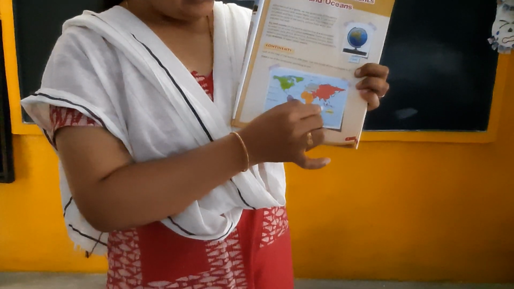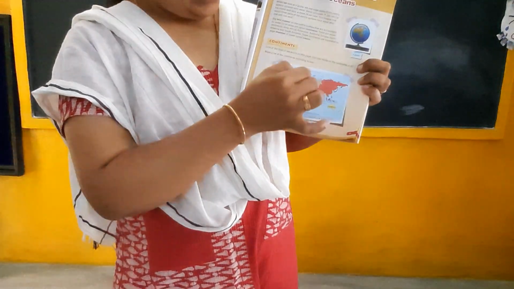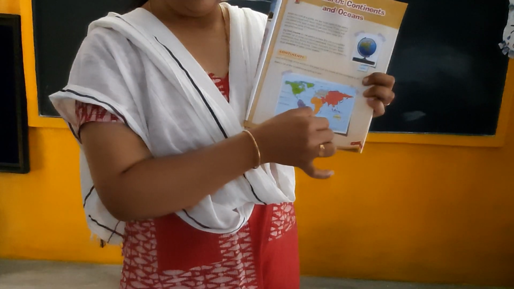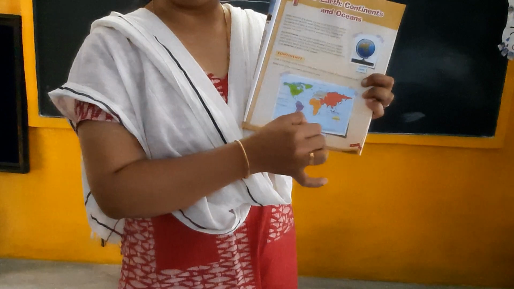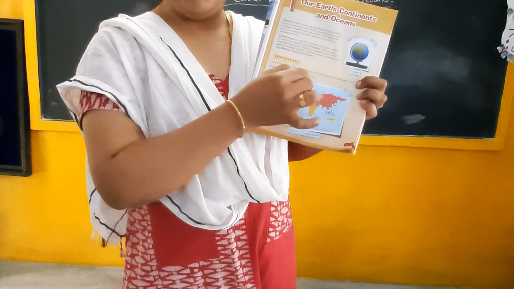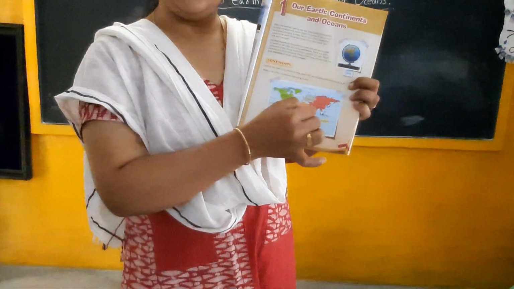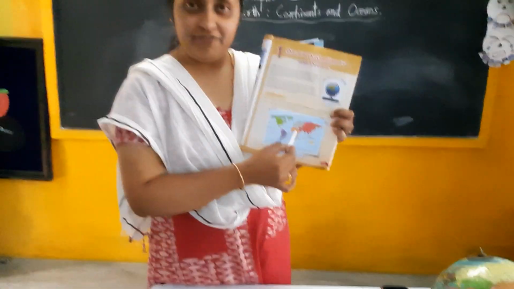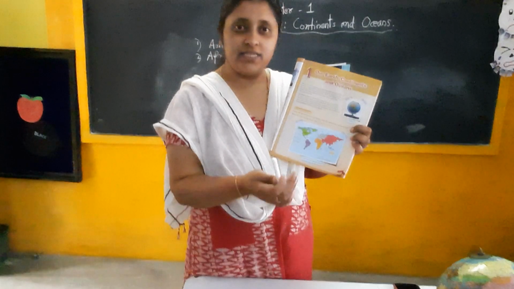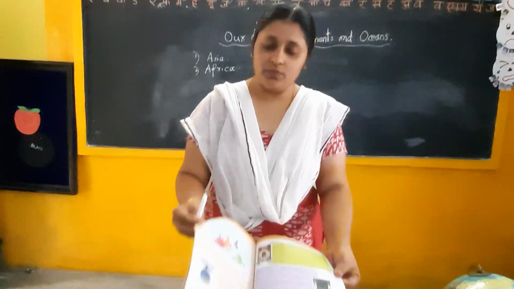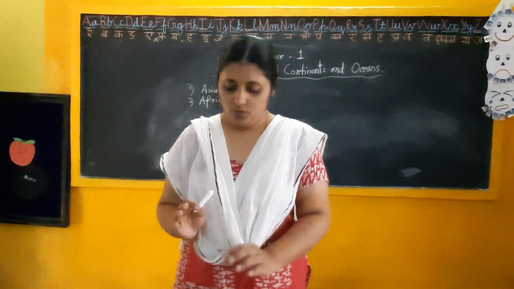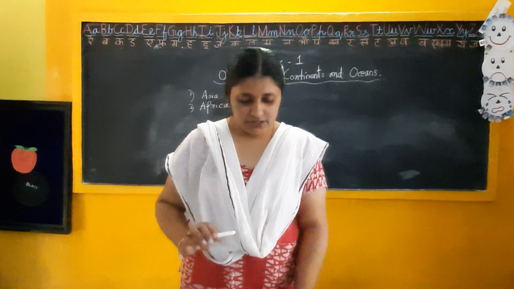In the eastern side the Indian Ocean is there, in the western side the Atlantic Ocean is there, and in the southern side the Southern Ocean is there. That means 4 sides are covered with water. That is the first speciality of Africa. Africa is the second largest continent in the world, and the 4 sides of Africa being covered with water is the second speciality.